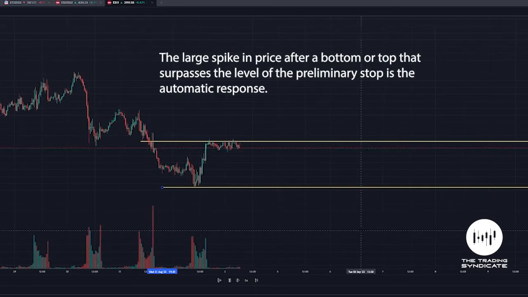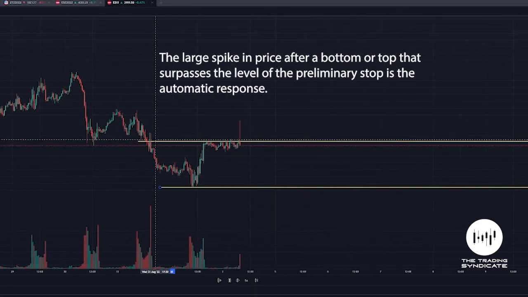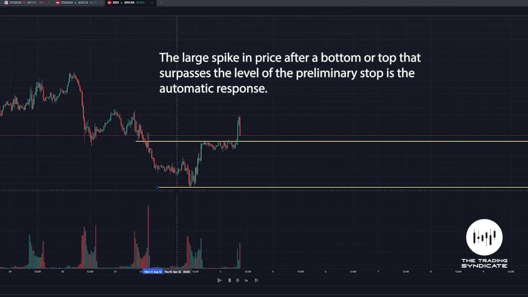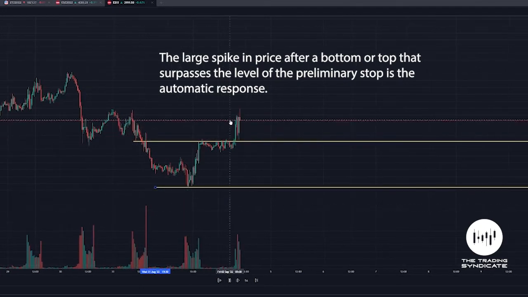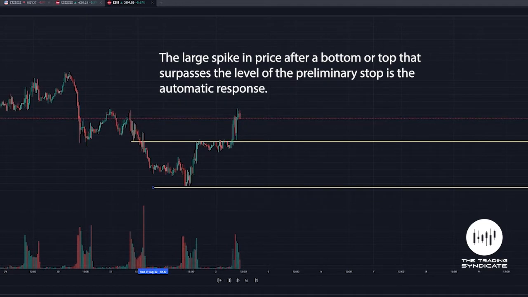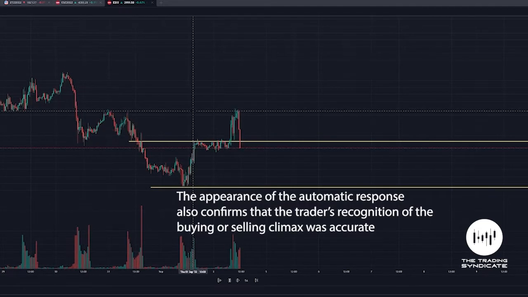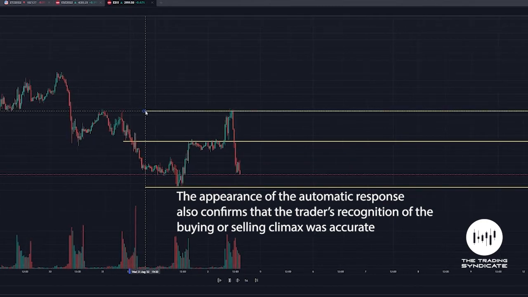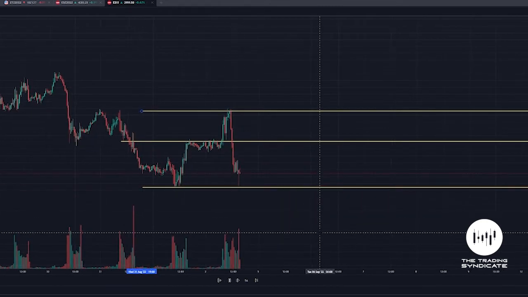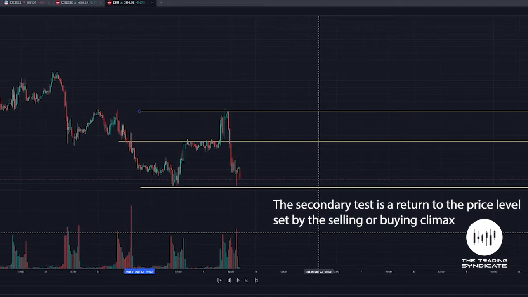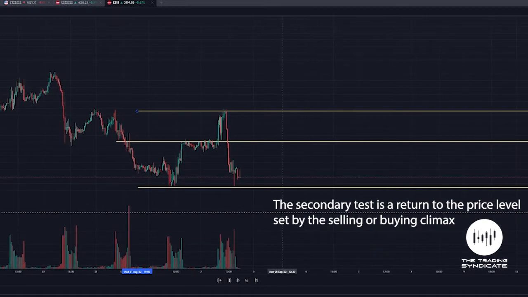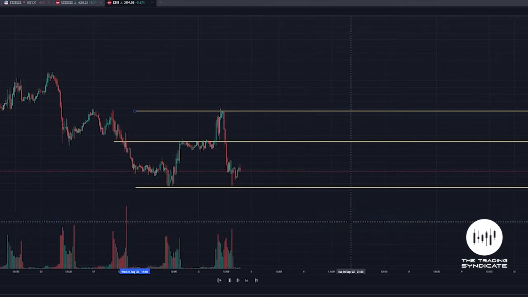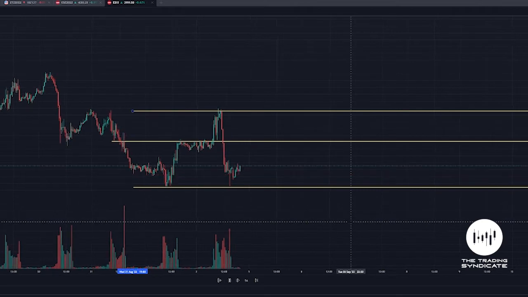We see it start to build back again and accumulate near the preliminary stop, and see a large spike, which we'll make note of in case this ends up being the automatic rally, into the secondary test. So now we're pretty confident in our structure here.